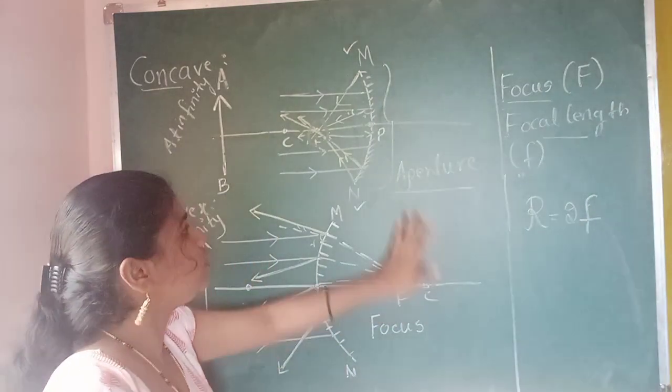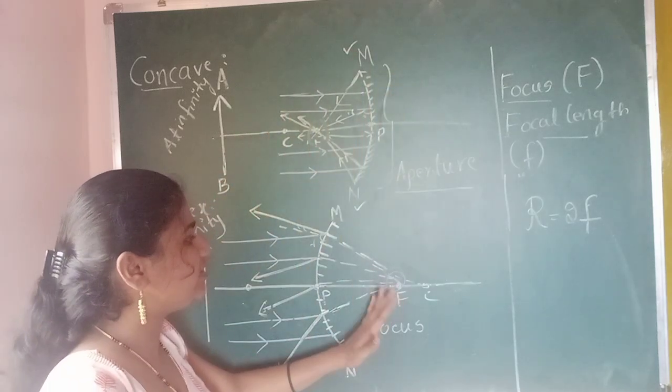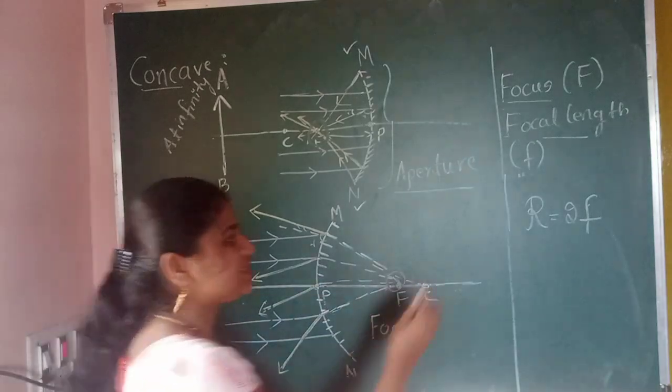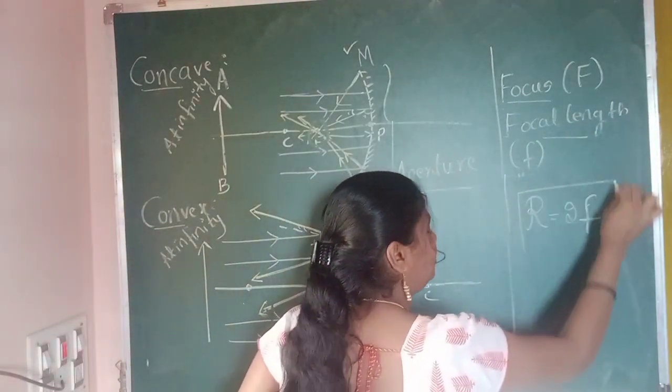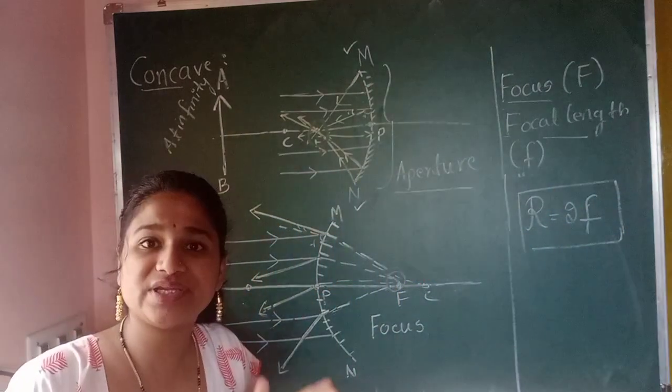So this is how the light rays fall on the concave mirror and the convex mirror, and we get the focus and focal length. And this is the relation between the radius of curvature and the focal length when the aperture is very small.